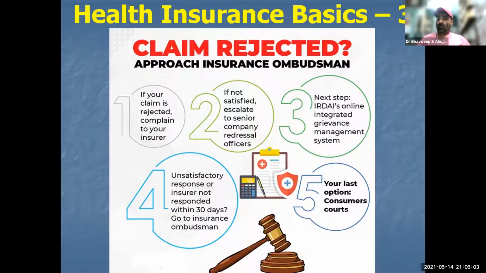The third step would be IRDAI. And the fourth, if not responded to within 30 days by IRDAI, go to the insurance ombudsman. Usually the ombudsman will not be needed, as IRDAI will respond itself. In a rare scenario where that does not respond, the consumer court is always an option available to you.